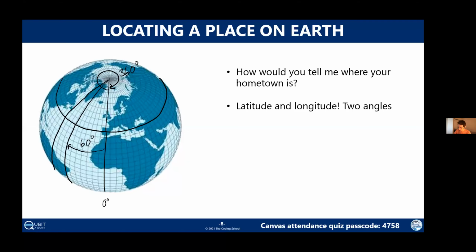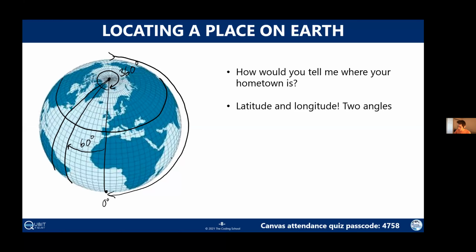So in this example, we could picture going from the North Pole all the way down to the South Pole as being 180 degrees in total. And then you can tell me where on that spectrum you lie. If you're at 90 degrees, you're right on the equator. If you're less than 90 degrees, you're in the northern hemisphere. If you're more than 90 degrees, you're in the southern hemisphere.